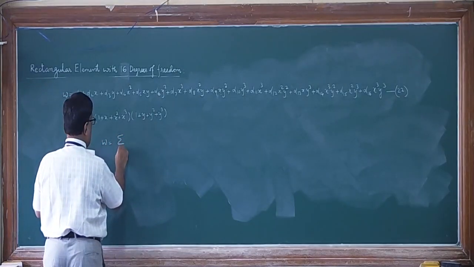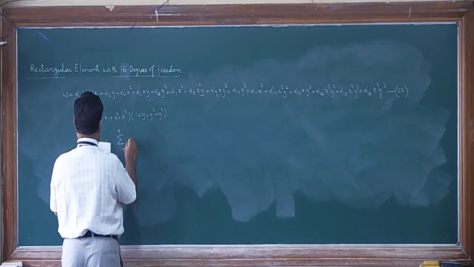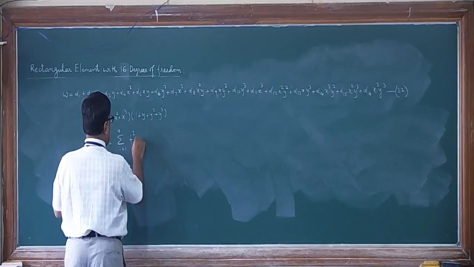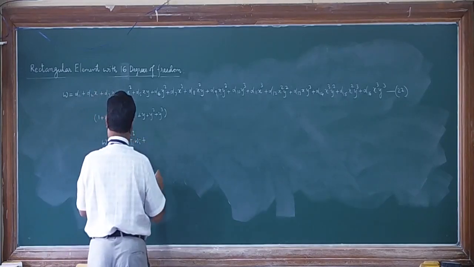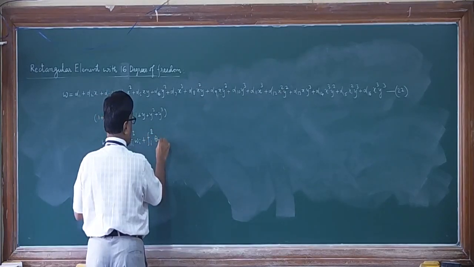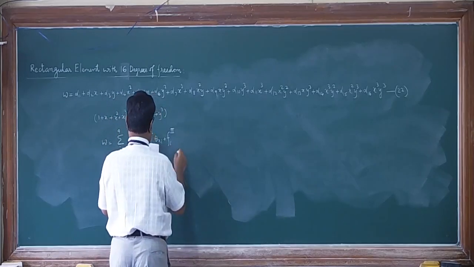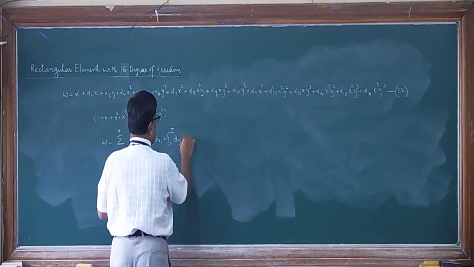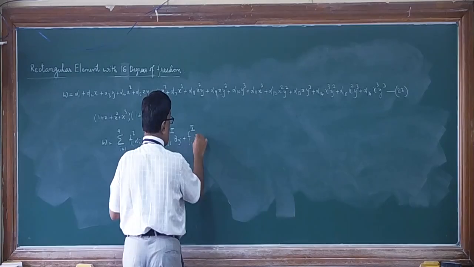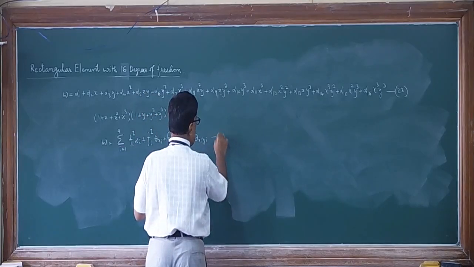W equals the sum for i equal to 1 to 4 of Fi1 Wi, plus Fi2 theta xi, plus Fi3 theta yi, plus Fi4 theta xiy. This is 23, right?